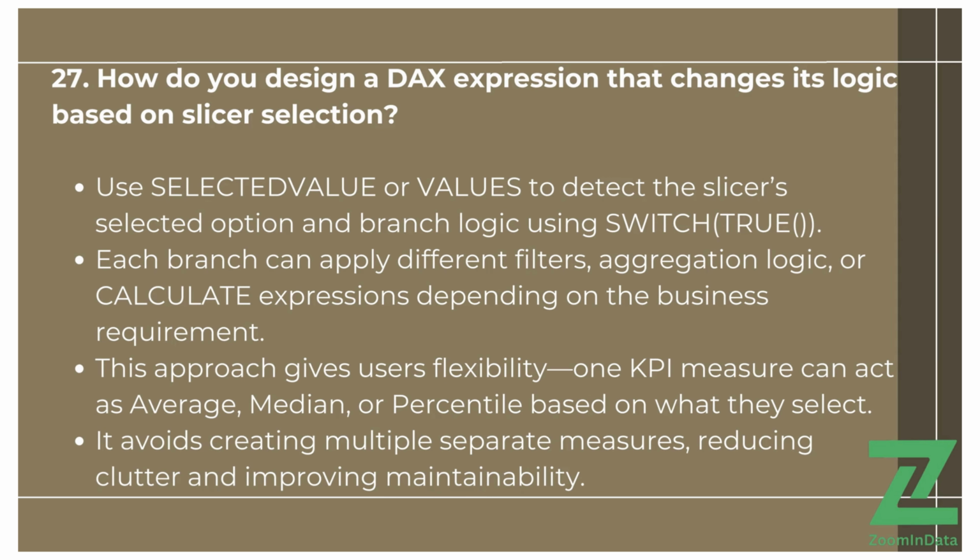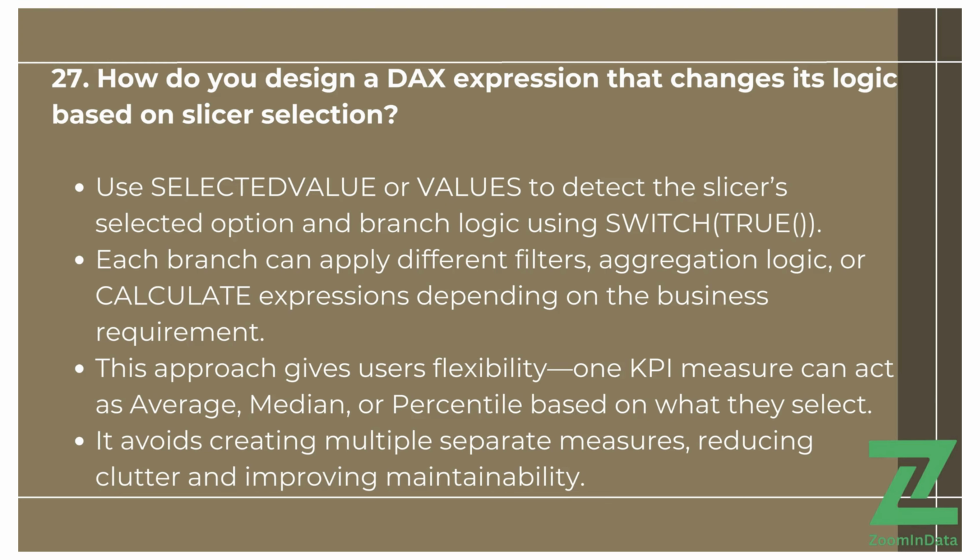27th question. How do you design a DAX expression that changes its logic based on slicer selection? Use SELECTEDVALUE or VALUES to detect the slicer's selected option and branch logic using SWITCH followed by TRUE. Each branch can apply different filters, aggregation logic, or CALCULATE expressions depending on the business requirement.